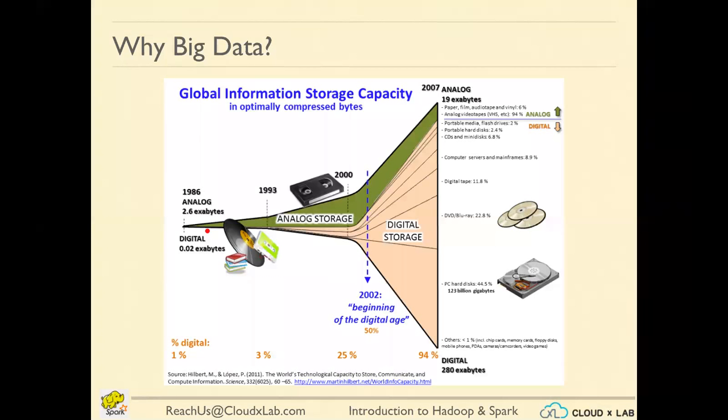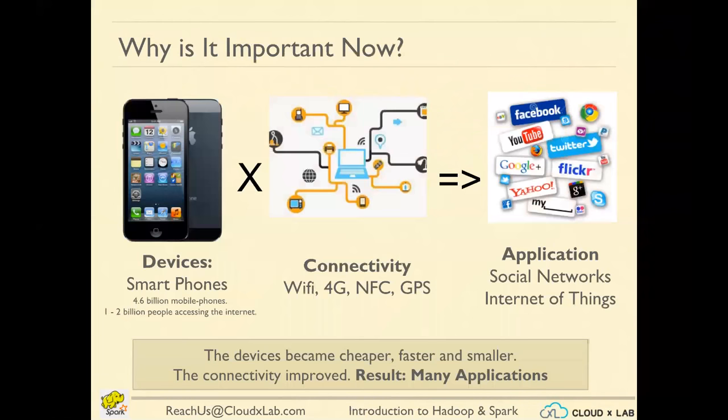This has been happening after the digital era started, close to the year 2000, when more and more connectivity happened. Now, this started in 2000, and why did that happen? The answer is twofold.